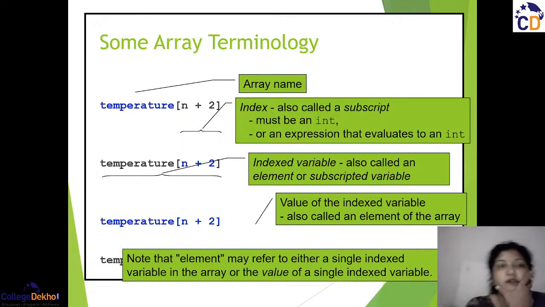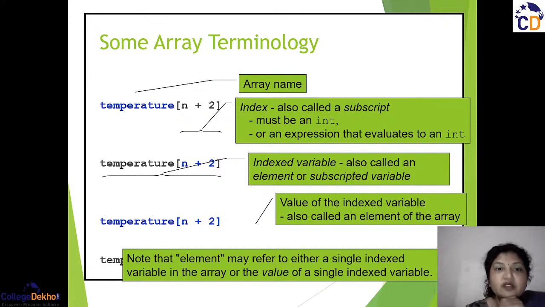Let's see one example of some array terminologies. The temperature is the array name. In temperature[n + 2], whatever is written in the square brackets is treated as a subscript. N is the size, or you may say any index number, plus 2, so you are adding 2 to that value.